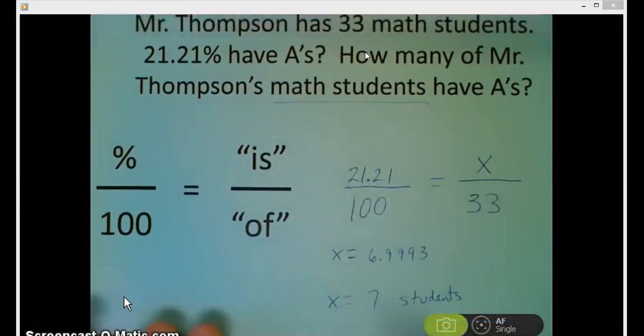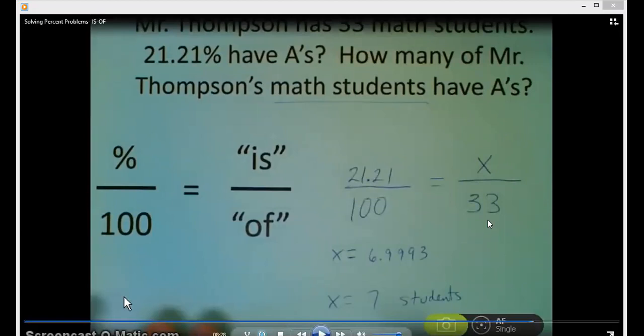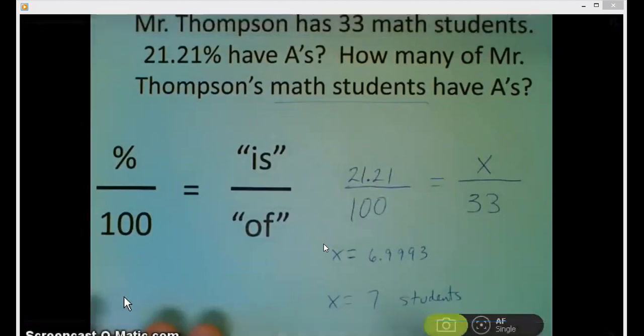Then we will replace the total by 33, and then we are looking for the part because the question said how many of Mr. Thompson's math students have A's, right? So this is how we can use percent in our real life and how we can solve the questions with percent. I hope that you understood.